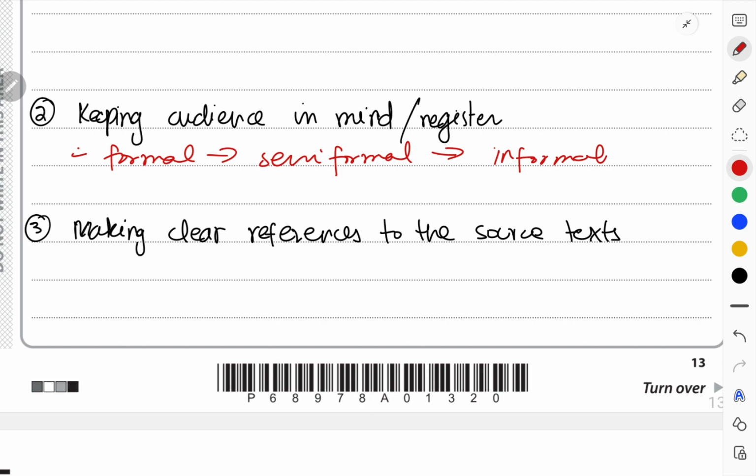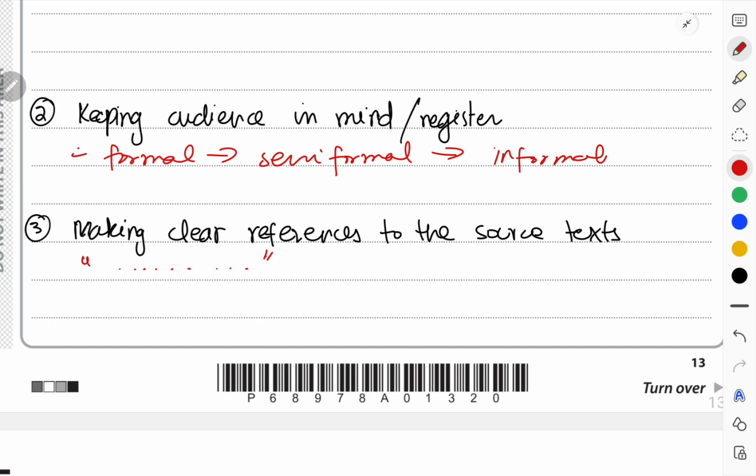Lastly, you need to make clear references. Again, I've mentioned it earlier, if you're not making references to the source text, you're losing marks. So how can you make reference to the source text? If there's a renowned personality in the source text, like a renowned footballer, and he says a quote, you can just write that this person said this during this event or that event, and add it as a quote.